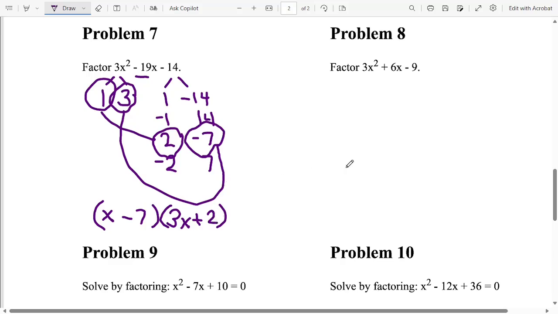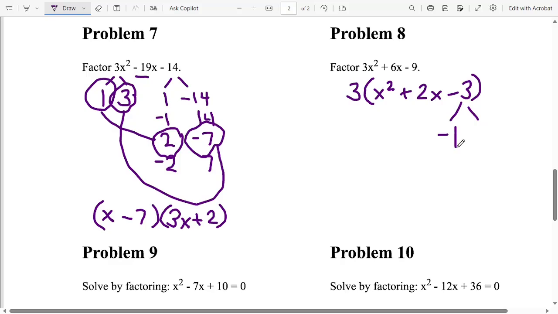Okay, next one. We're factoring 3x squared plus 6x minus 9. We can factor out a 3. So we've got 3 times x squared plus 2x minus 3. So we want to list the factors of negative 3 now.